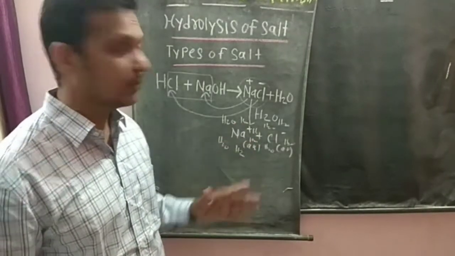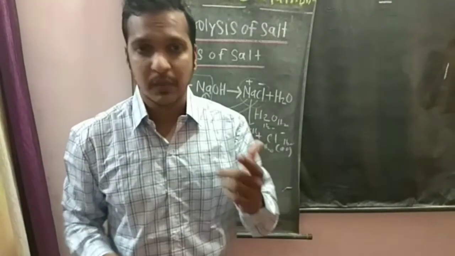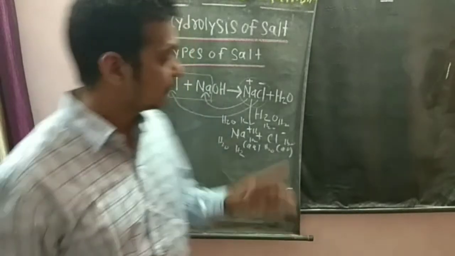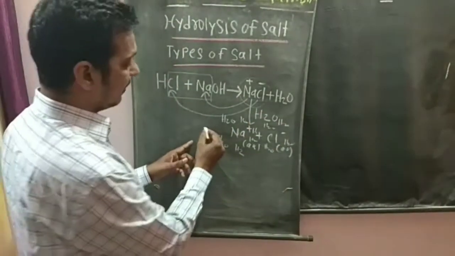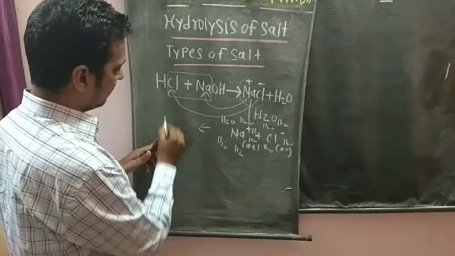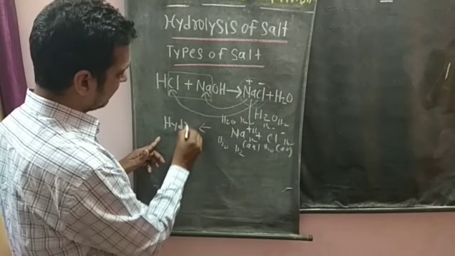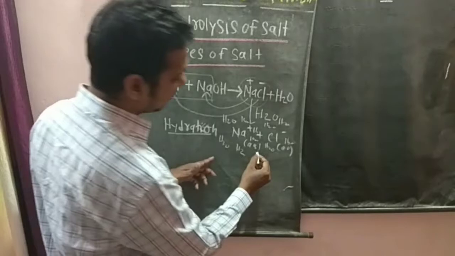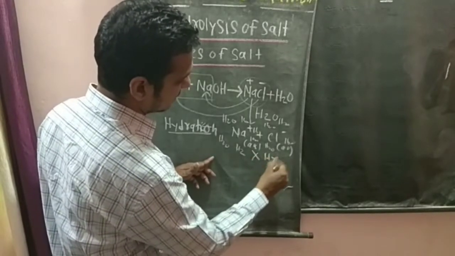So this is called ion dipole interaction, and when water molecules surround the ion, that process is called hydration, not hydrolysis. So these ions of sodium chloride undergo hydration. They do not undergo hydrolysis.